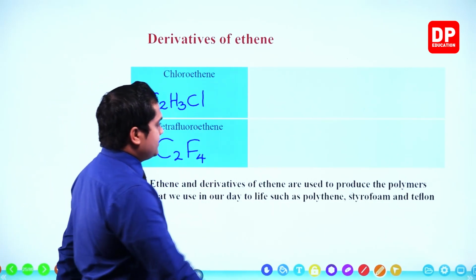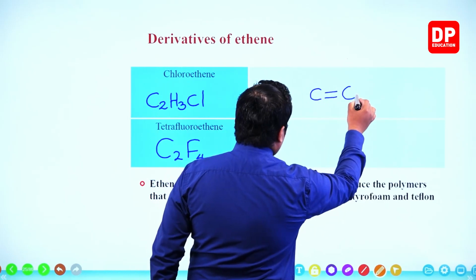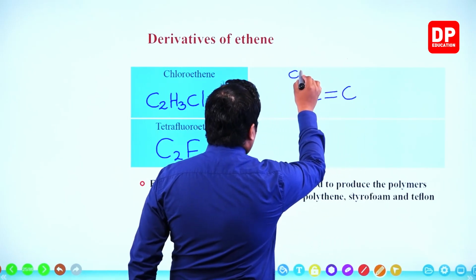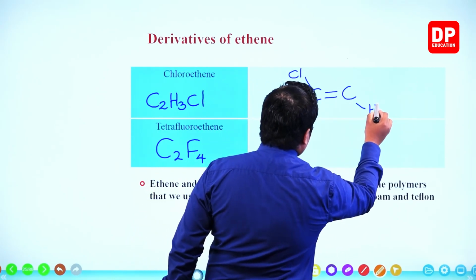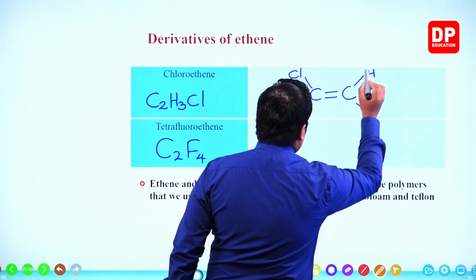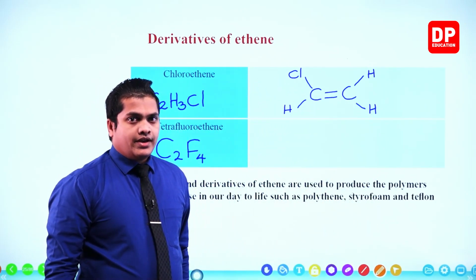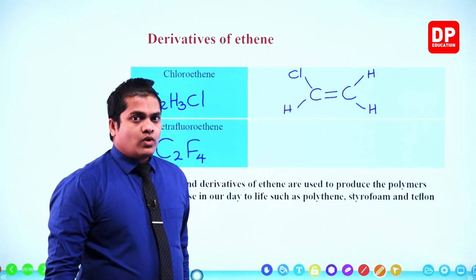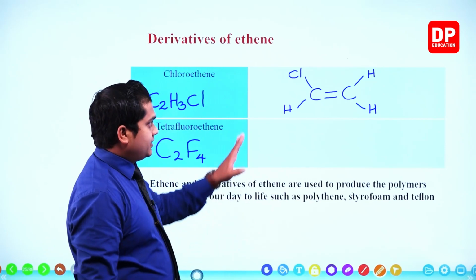Then the structures: carbon, double bond, carbon, one chlorine atom, and all the others are hydrogen. There are 4 hydrogen atoms in the usual ethene molecule, right? However, when you displace one by chlorine, there are only 3 and 1 chlorine atom, like this.